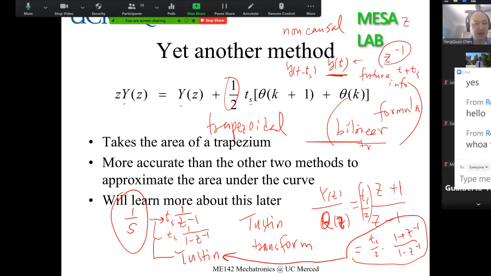Although these two equations are both correct, I prefer this one. You always use Z minus 1. Some people never use the other one; they use Z minus 1, or the transfer function is in Z minus 1, instead of Z. I think that makes sense.